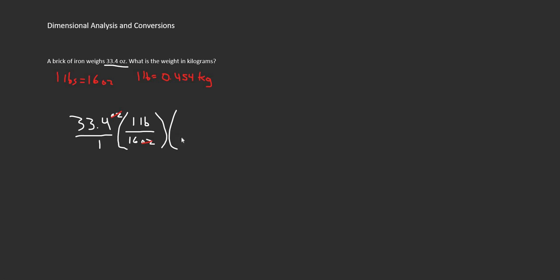Then we'll need to convert from pounds to kilograms. So pounds in this case was our middleman. We'll put the kilograms on top and the pounds on the bottom. And so now pounds cancel, so we're just left with kilograms.